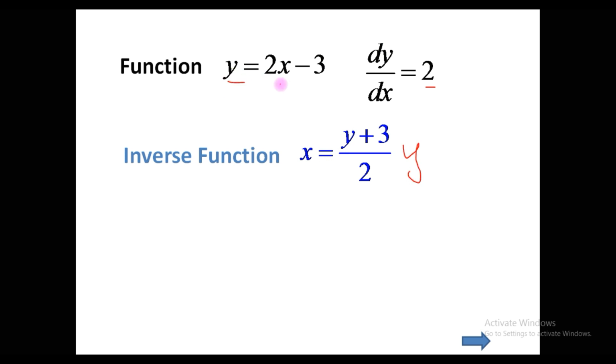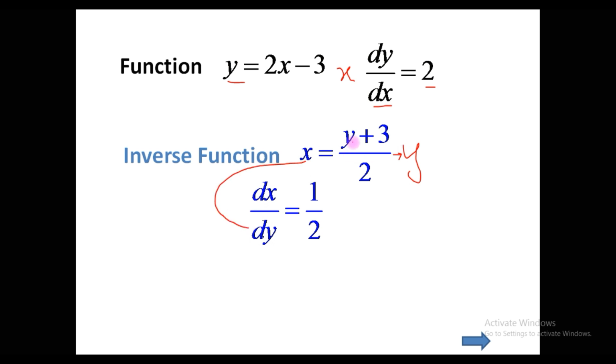Here the function was y is equal to f of x, so I have differentiated this with respect to x. But x in terms of y is given, so I have to differentiate this with respect to y. So instead of getting dy by dx, what I get is dx by dy.